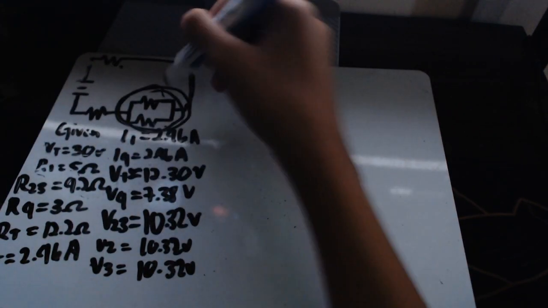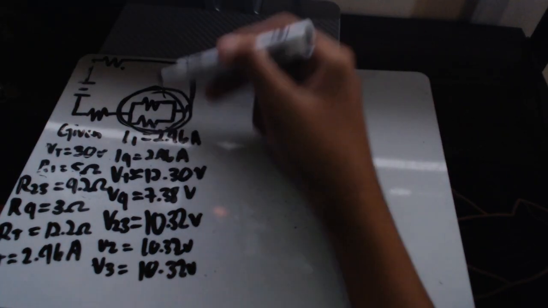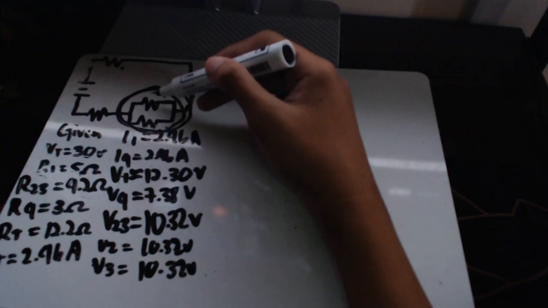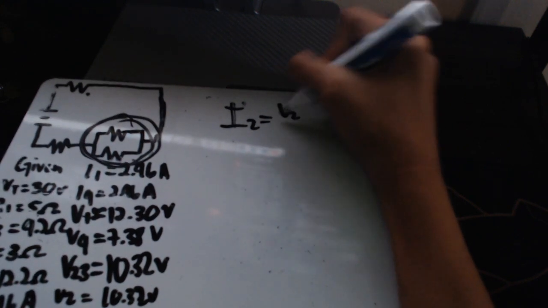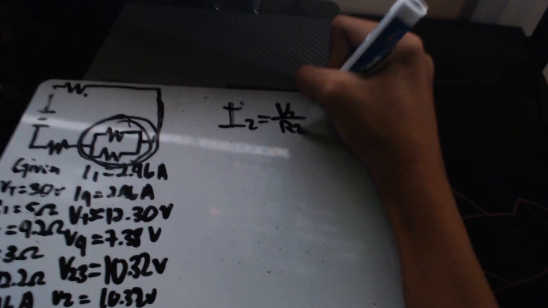And now we got to find the current in each of these resistors. First, we got to find the current for resistor 2. So we know that in Ohm's law, this is the formula for finding the current. So we substitute the numbers.